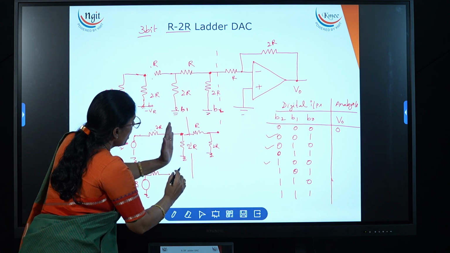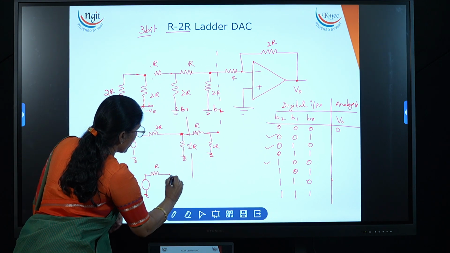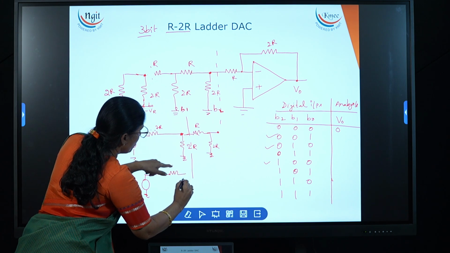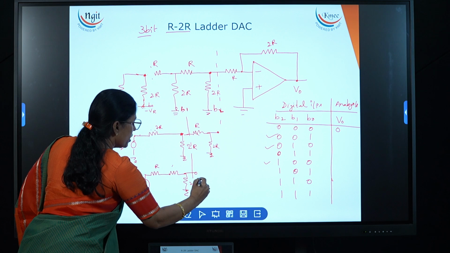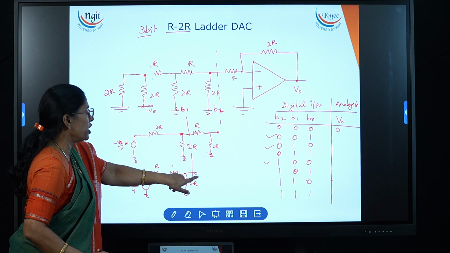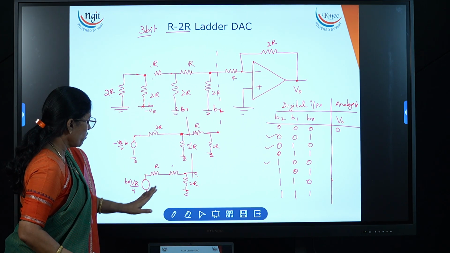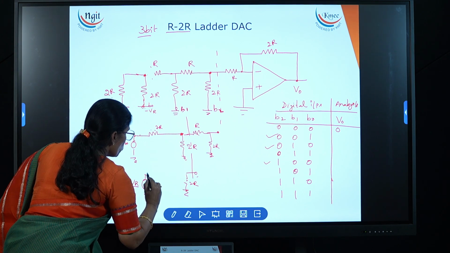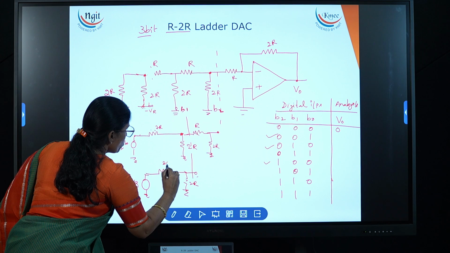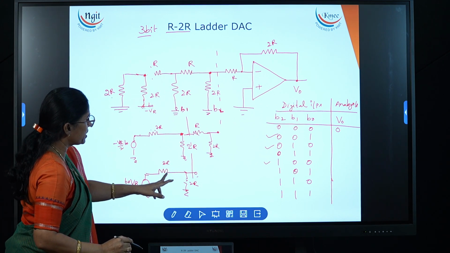After that I have to draw this diagram again. Now R I am drawing, this R I am drawing and this 2R I am drawing once again. At this point I need to get the equivalent diagram for this one. Again R and R are in series, so this is 2R. This is 2R. Now how to calculate the equivalent resistance?